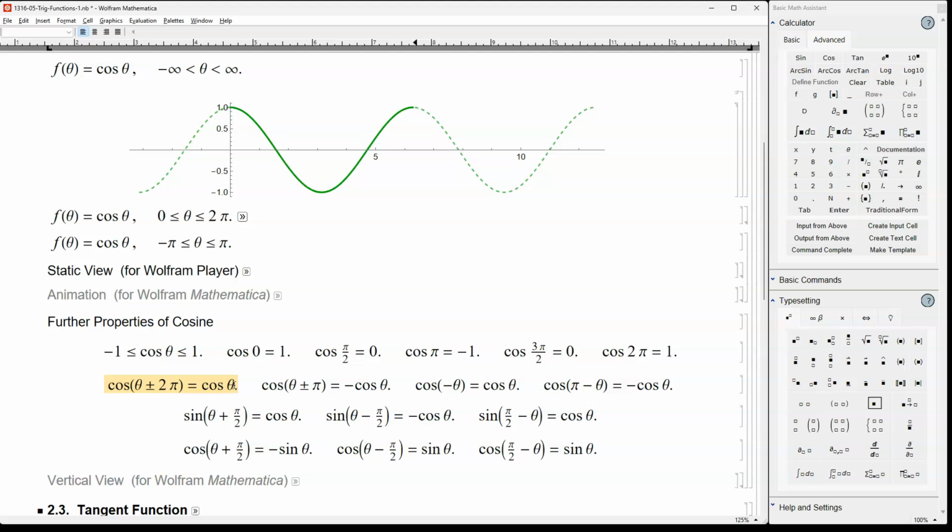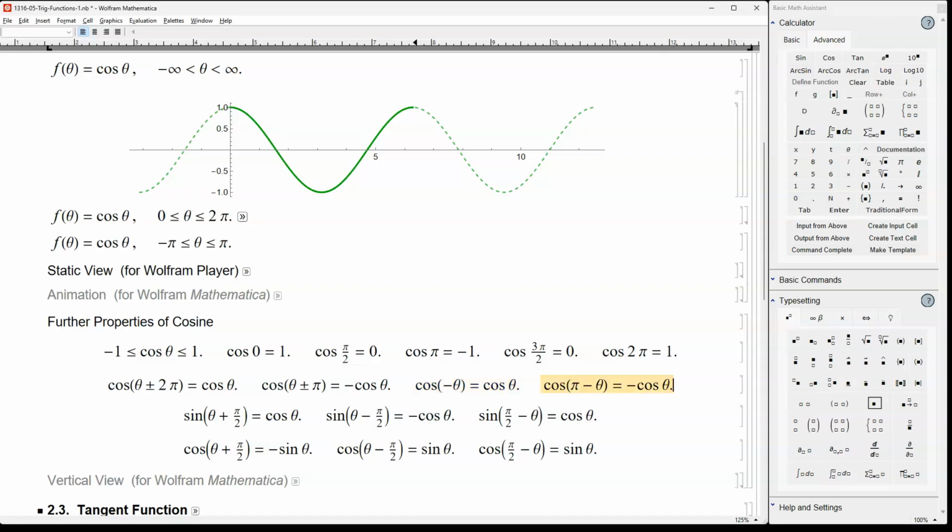Period is 2 pi, so plus or minus 2 pi doesn't change anything. Plus or minus pi, we have negative. So instead of upward here, going exactly the same downward, and then another plus pi going upward here, another plus pi going downward here. And then we already saw the symmetry with respect to the vertical axis, it is an even function.